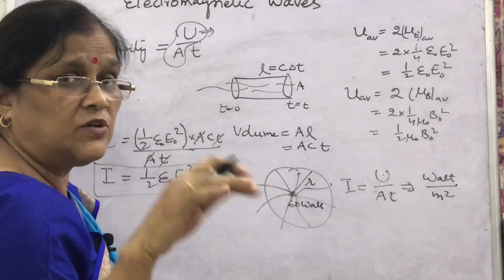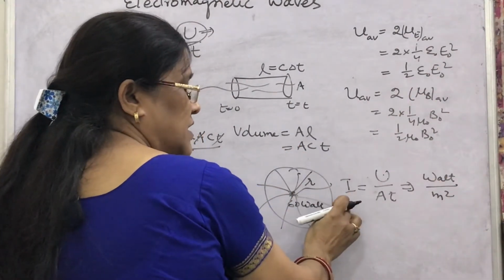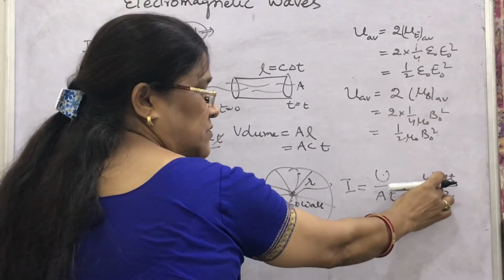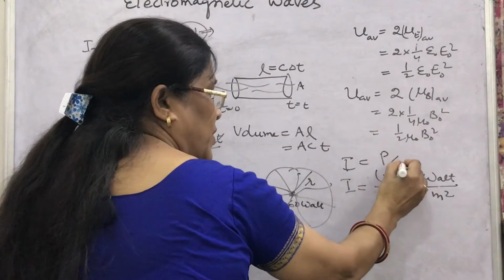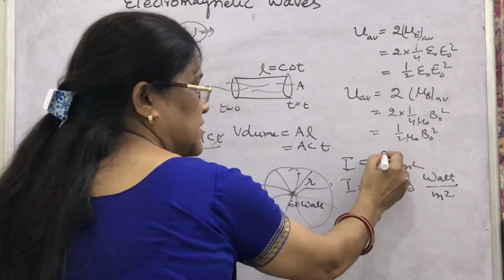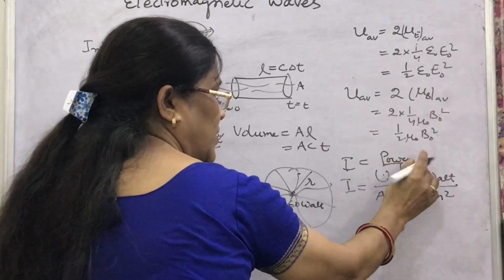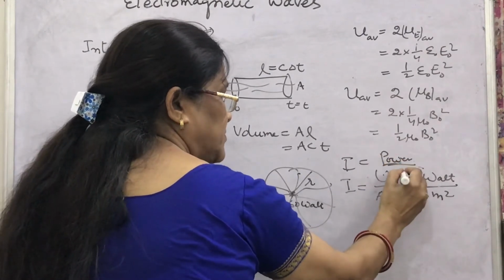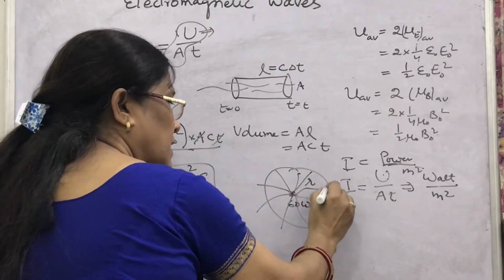A 1 mark question is also asked: how is intensity related with power. Look here, this is intensity, this is power, unit is watt. So you can write intensity as power upon meter square. This is P, I am writing in words, power upon meter square. Now you consider a particular area.